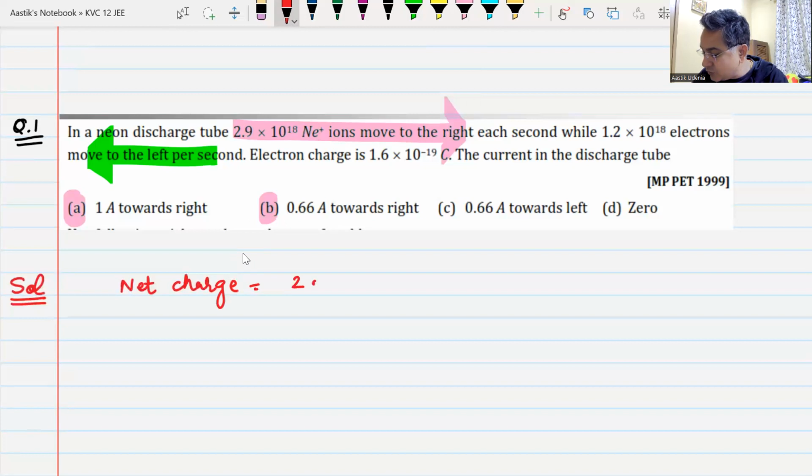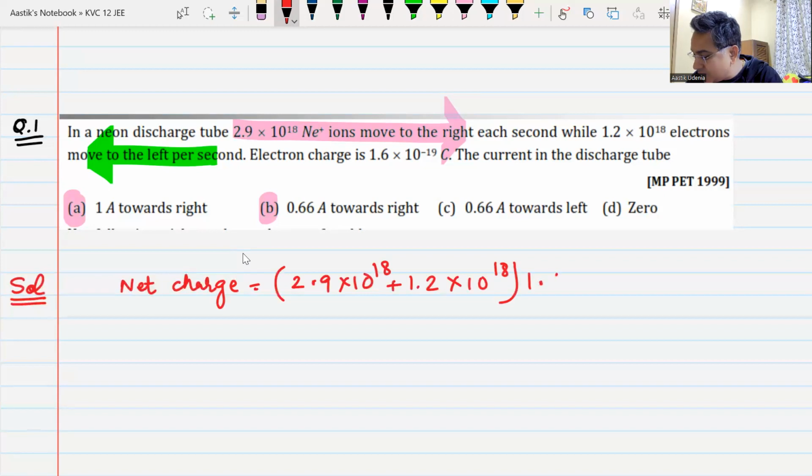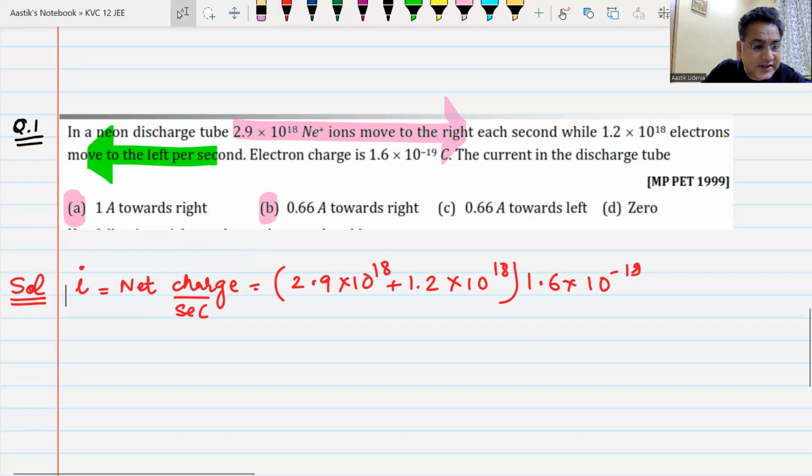That will be 2.9 into 10 raised to the power 18 plus 1.2 into 10 raised to the power 18, multiplied by 1.6 into 10 raised to the power minus 19. And this much charge has flown per second. So this is net charge per second, and that is nothing but your electric current. Do we understand this? Yes or no?